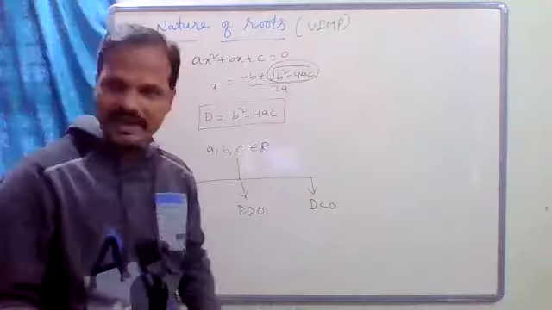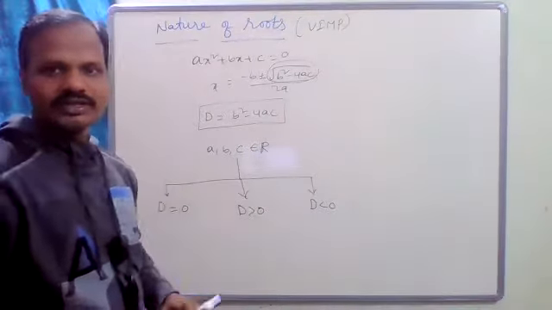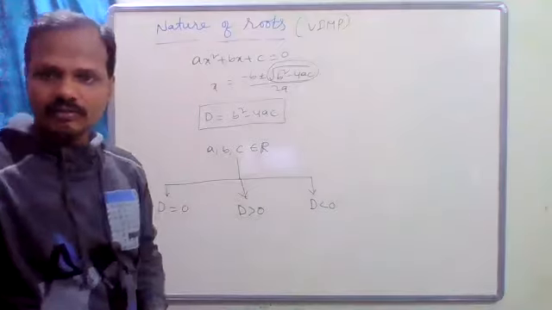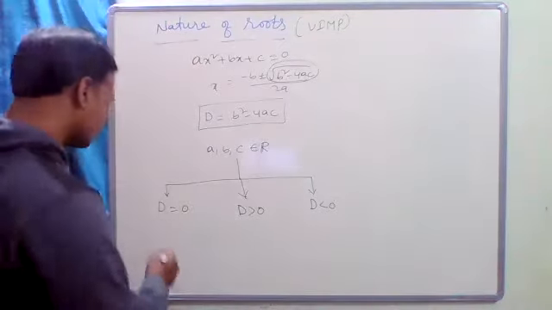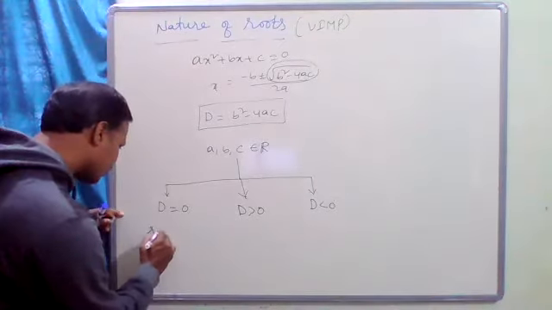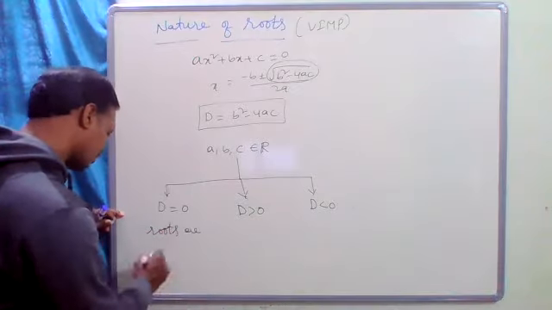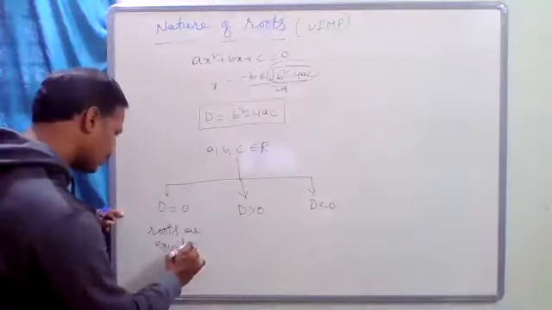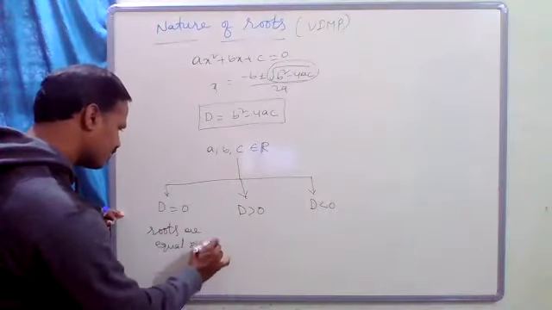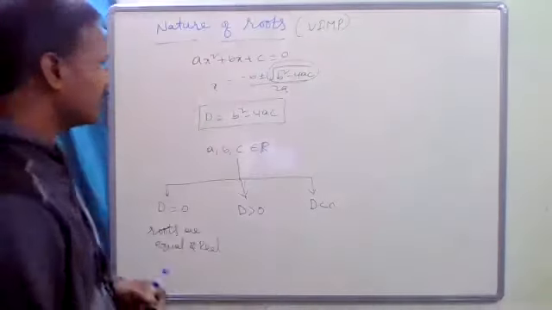If D equal to 0, that means this value becomes 0, then x equal to minus b by 2a. Since it is a quadratic polynomial, we must have two roots. So that's why the roots are real and equal.